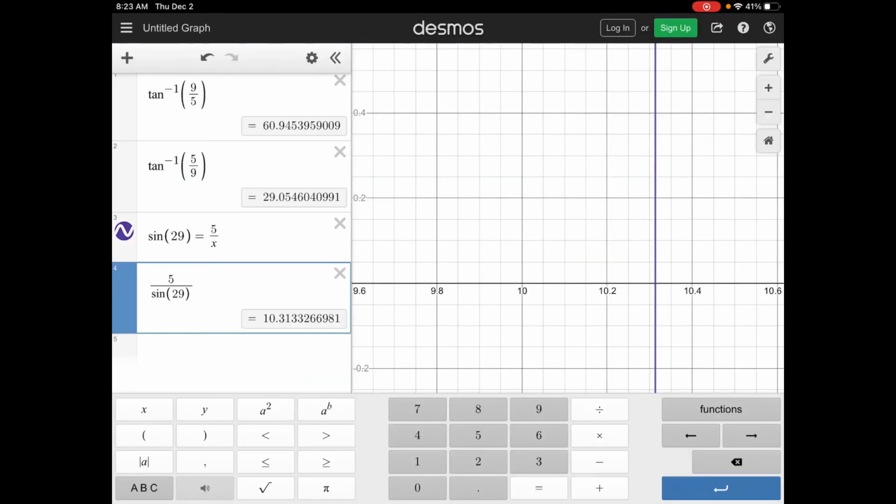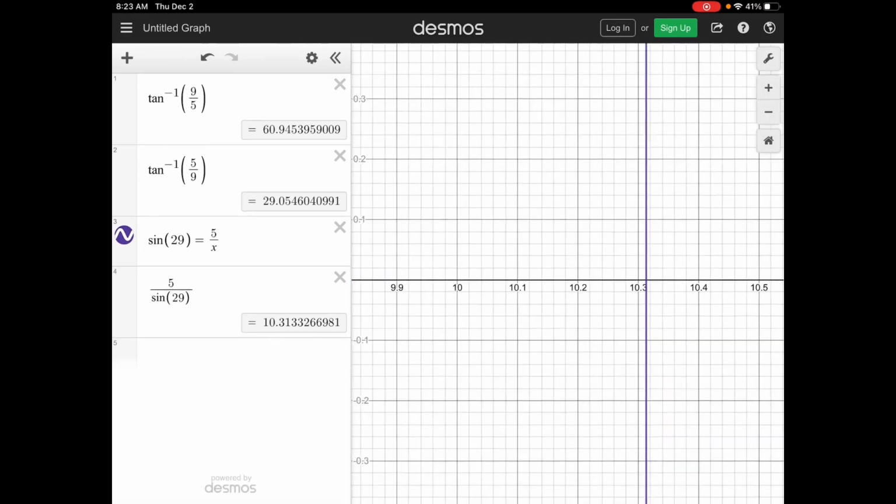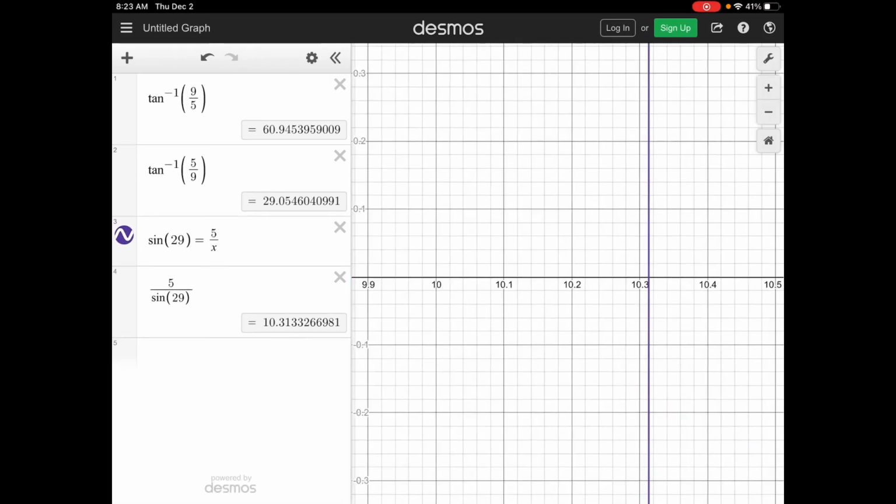And now it's 10.3, and you can see the picture is basically there at 10.3-ish, right? It's not exactly 10.3, that's why it's kind of hard to say it's just exactly 10.3. It's 10.31.